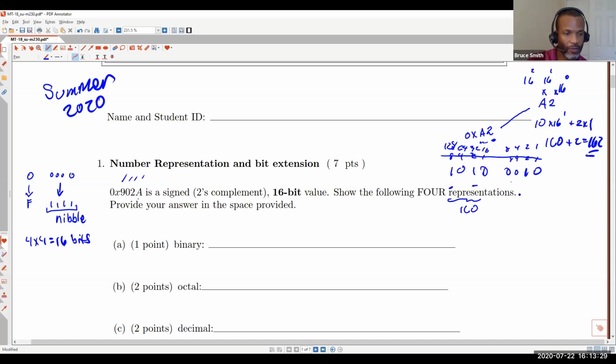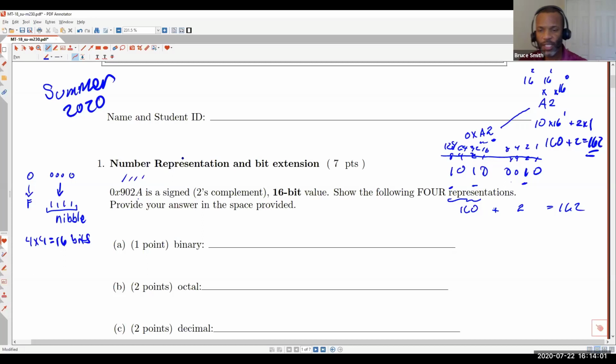And then if I look over here, it looks like there's only a 2. So we have a 2. So we still get 162. So that one big binary value is 162. So you have a couple of ways of doing this conversion for hexadecimal to binary, and hexadecimal to decimal.